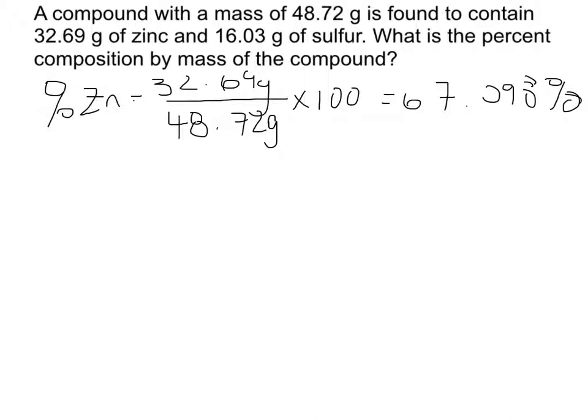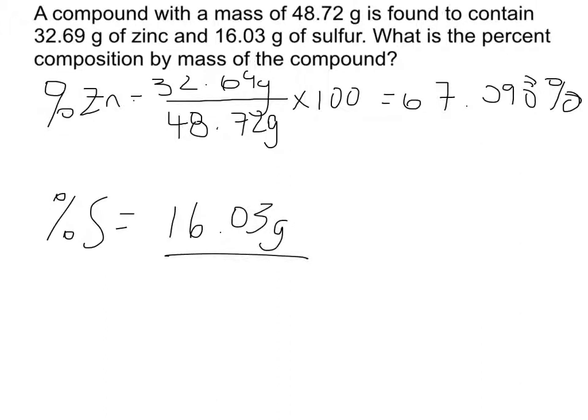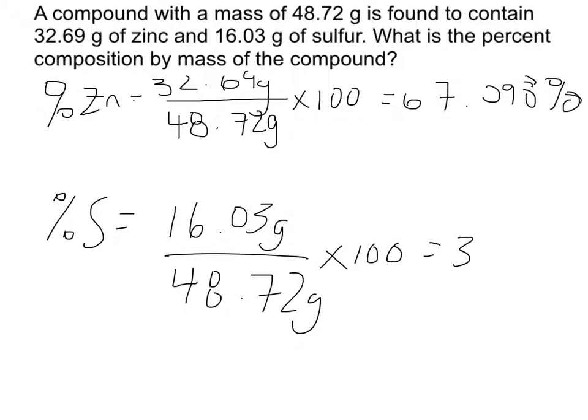And then I know that for the percent sulfur, it is going to equal 16.03 grams divided by 48.72 grams times 100, which is going to equal 32.902%. Then you need to make a therefore statement, and you need to have 4 significant digits because you're given 4 significant digits in your answer.